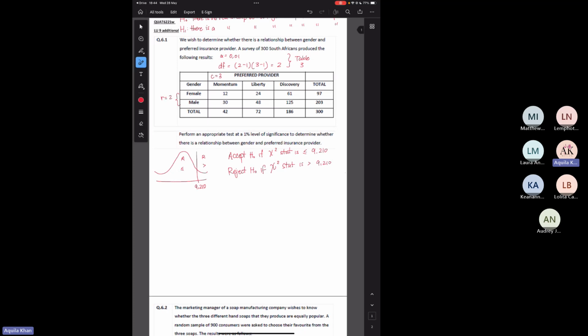Now let's work with step 3, which is your chi-squared statistic itself, so calculating your test statistic. This one involves a little bit more work. For your chi-squared statistic itself, you have to draw up a table, and they sometimes tell you how this table should look, meaning they give you a head start and say, draw up the following table, and tell you what headings to include.